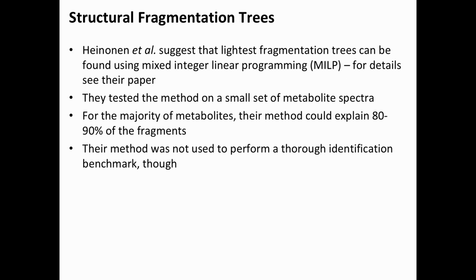It turns out that finding this lightest fragmentation tree, unfortunately, is a pretty tough problem. For the computer science guys, it turns out to be a mixed integer linear program. They tested that, and for the majority of metabolite spectra, their method could explain 80 to 90% of the fragments. So that's not too bad, but it just doesn't scale very well.